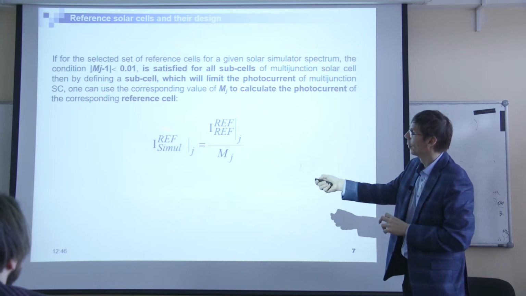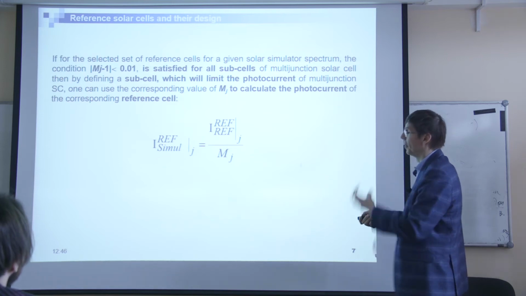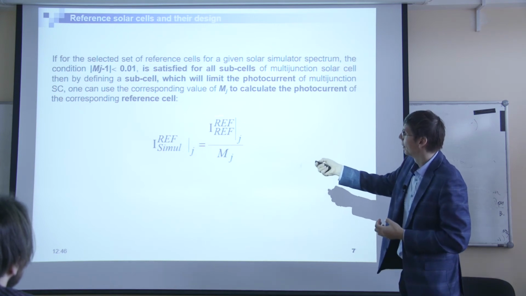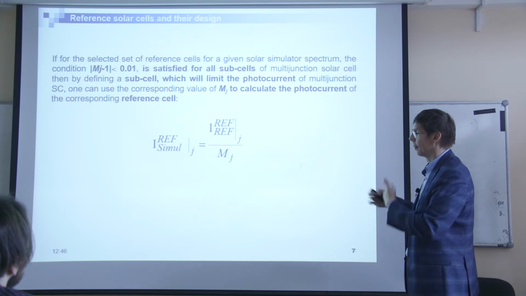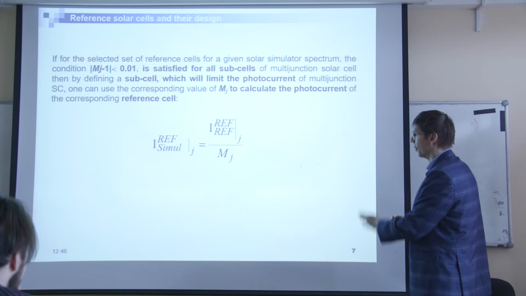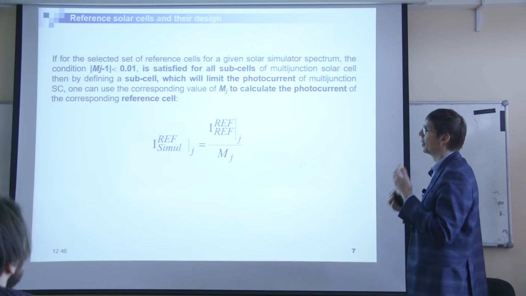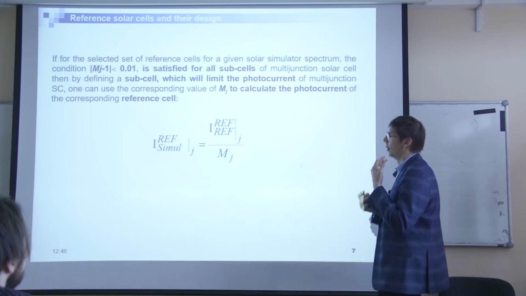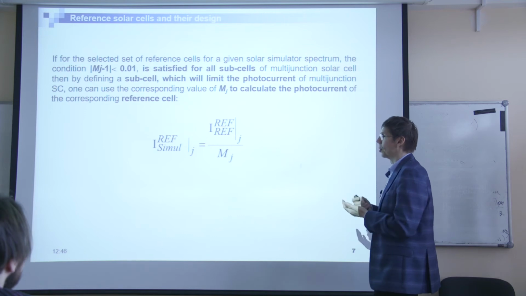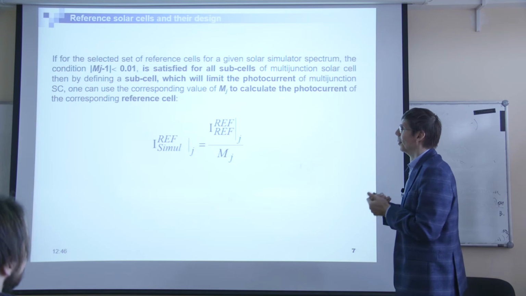The measured current of the reference subcell should be equal to this: the current of the reference cell under reference condition divided by this coefficient. So you see the difference is quite small. You should divide this value by something which is quite near to 1.